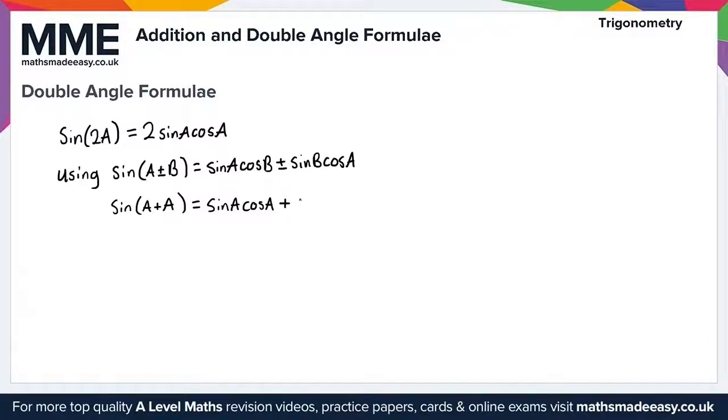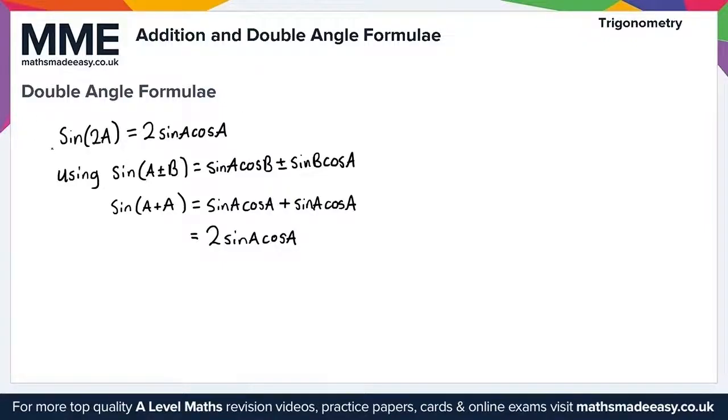And in that case, that's going to be sine A cos A. And then all we need to do is simply take a look at this result and see how it simplifies. We've got sine A times cos A here, and again we've got another sine A times cos A. And if we add them together, simply what we've got then is two lots of sine A cos A, which gives us our initial result here.